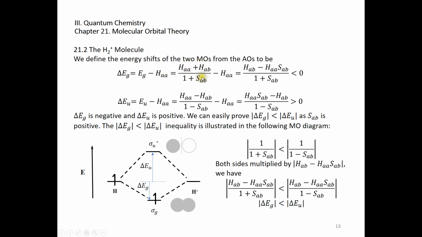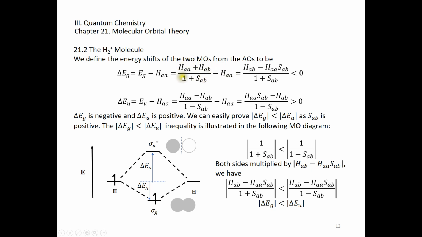So we plug in the expression of E sub G over here, and then minus the atomic orbital energy. So really it's just -1/2 atomic unit for the hydrogen atom, but for generality, we'll just keep this H sub AA here. So we take the difference between these two.